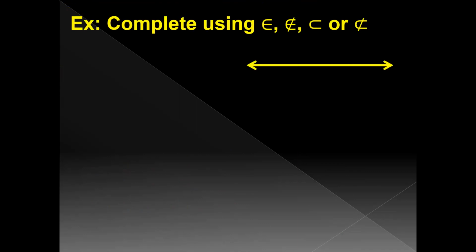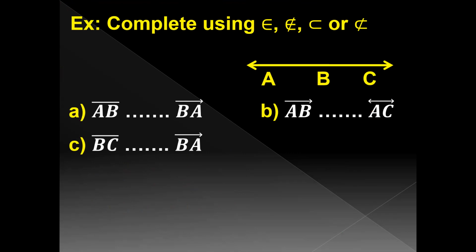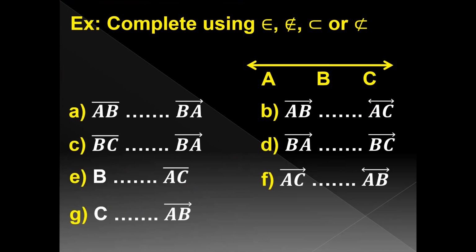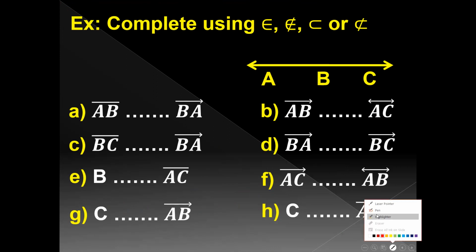Complete using belong or not belong, subset or not subset. First question, AB line segment and BA ray. Pay attention. AB line segment, this part, and BA ray, this part.